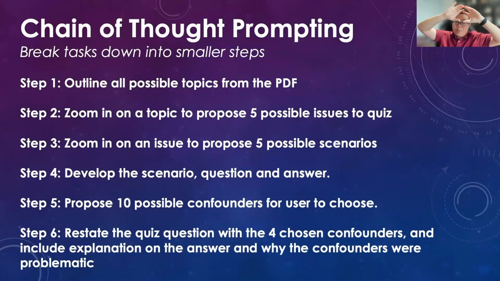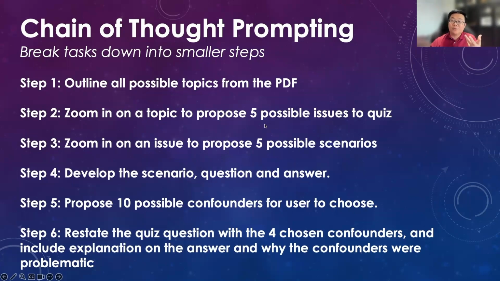So you take your big task, your big project, and you break it down into smaller steps where each step can be adequately done in 500 words. Here's an example, right? In order to get it to create an MCQ question of my choosing, maybe step 1, I get it to list out all the topics within the PDF. Then step 2, give me 5 issues based on the topic that I choose.